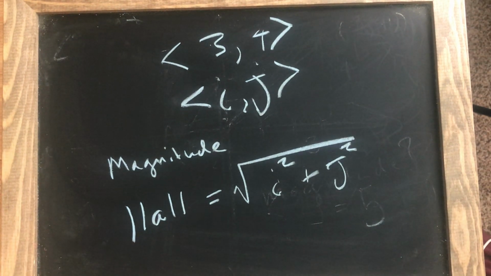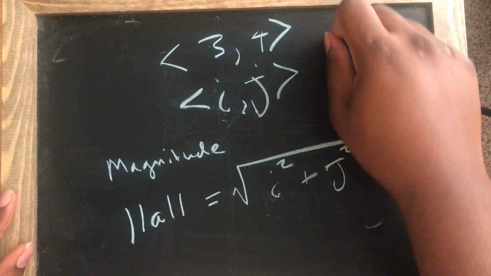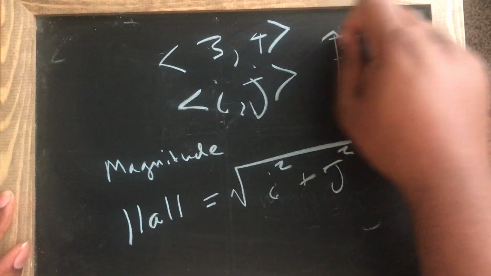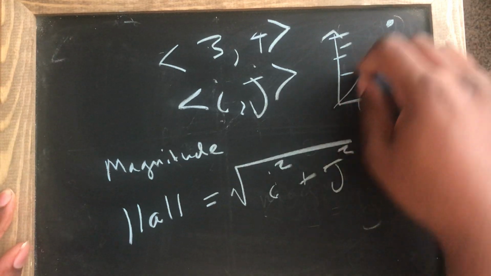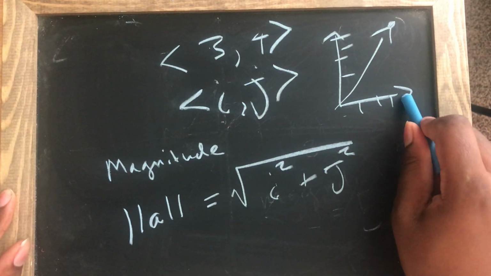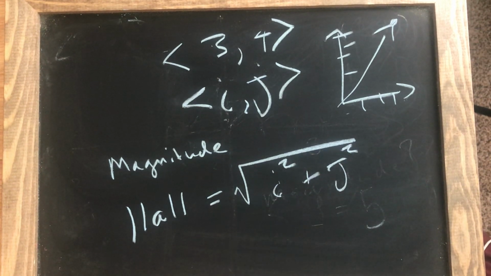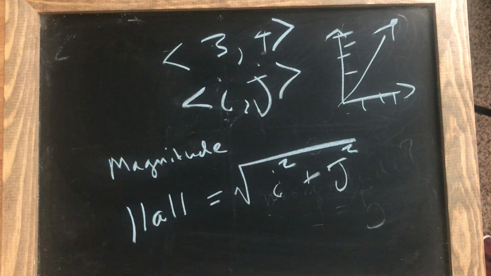That's it. Why? Because it's just the Pythagorean theorem, just like we showed before. It's my x component squared plus my y component squared, and we're taking the square root of that. It's really that simple. So for magnitude, just remember, you're just trying to figure out distance, and it's very similar to the distance formula, only in this case, you're already given the components that you need.